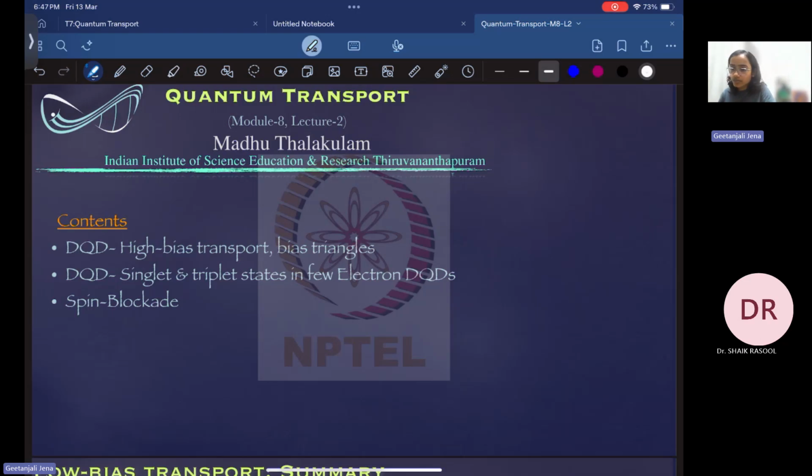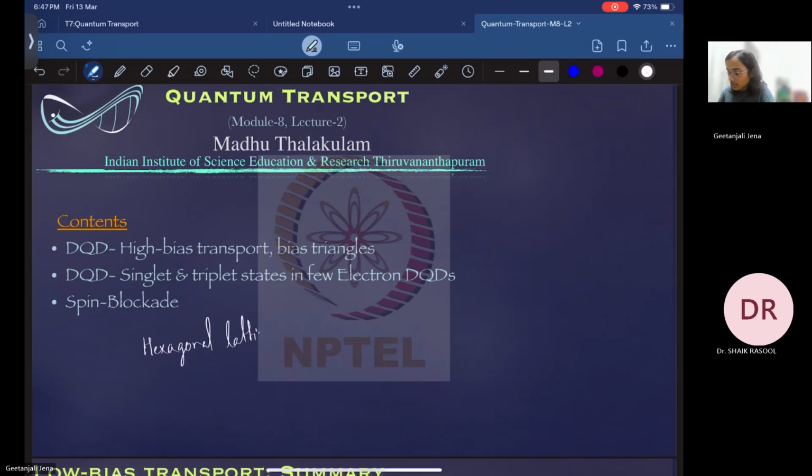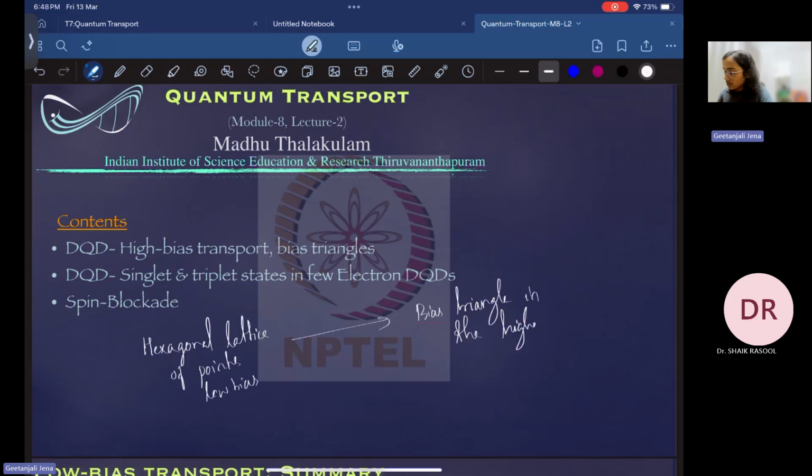In brief, if we started with the hexagonal lattice of points where the current is non-zero for the low bias case, then when we apply a high bias, this will become a bias triangle in the higher bias case.